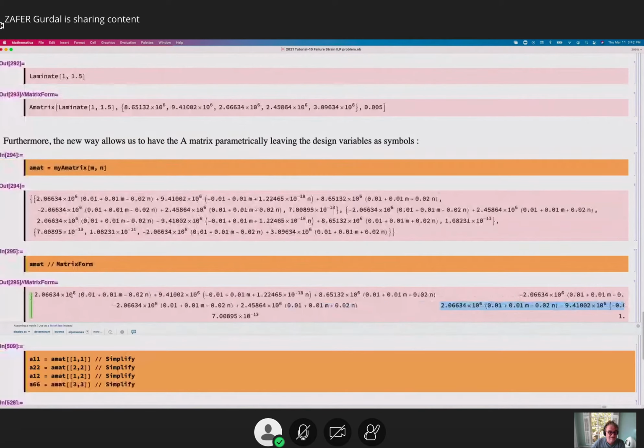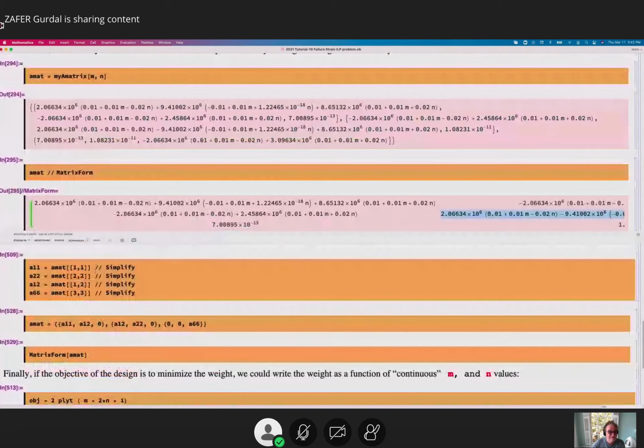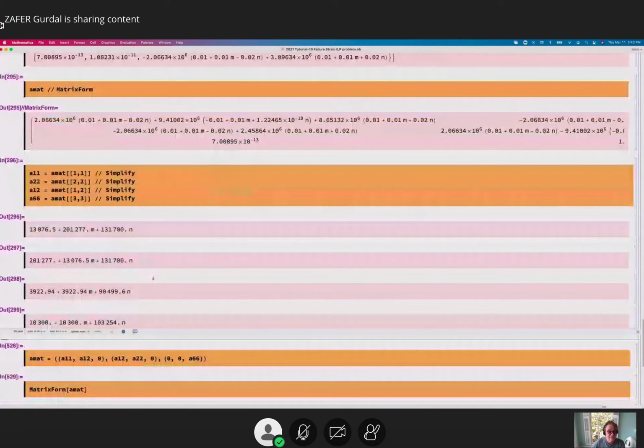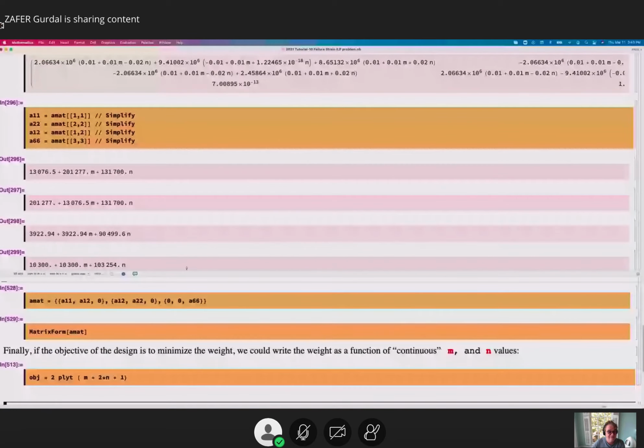So I'm going to take these terms and simplify them. A matrix 1,1 is the first element of this matrix, A1,1 through A6,6. And you'll see that they are much simpler when you simplify them in terms of m's and n's.